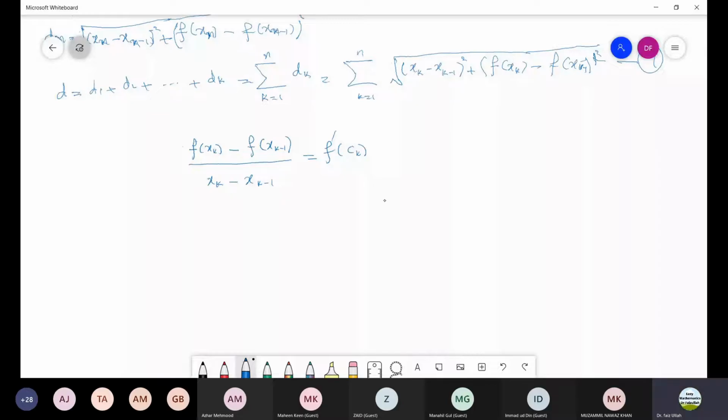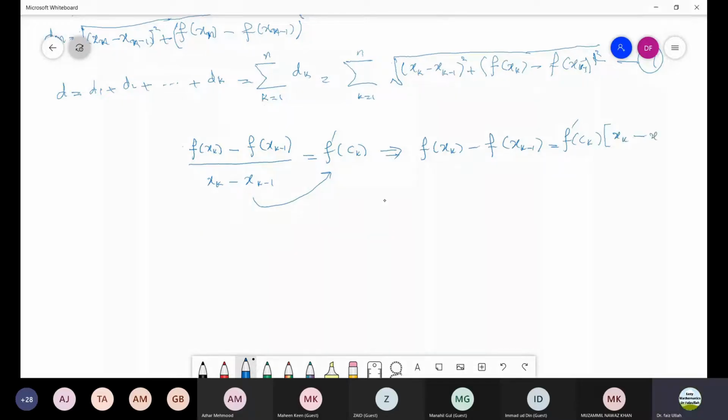If I further simplify this, I get f(xk) minus f(xk-1) equal to f'(ck) into (xk minus xk-1), because this term will come here.